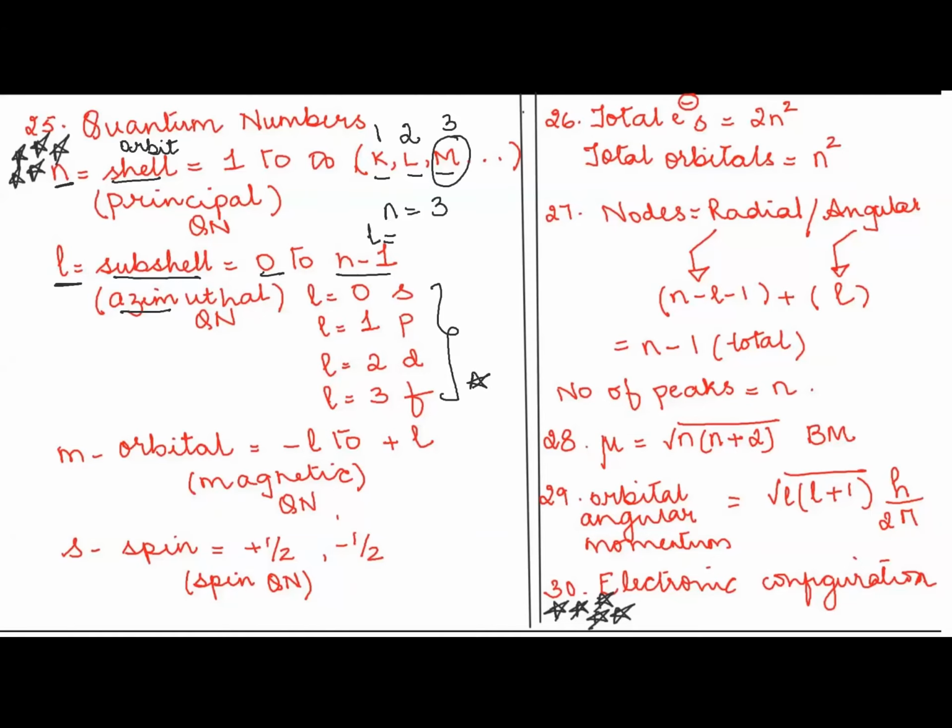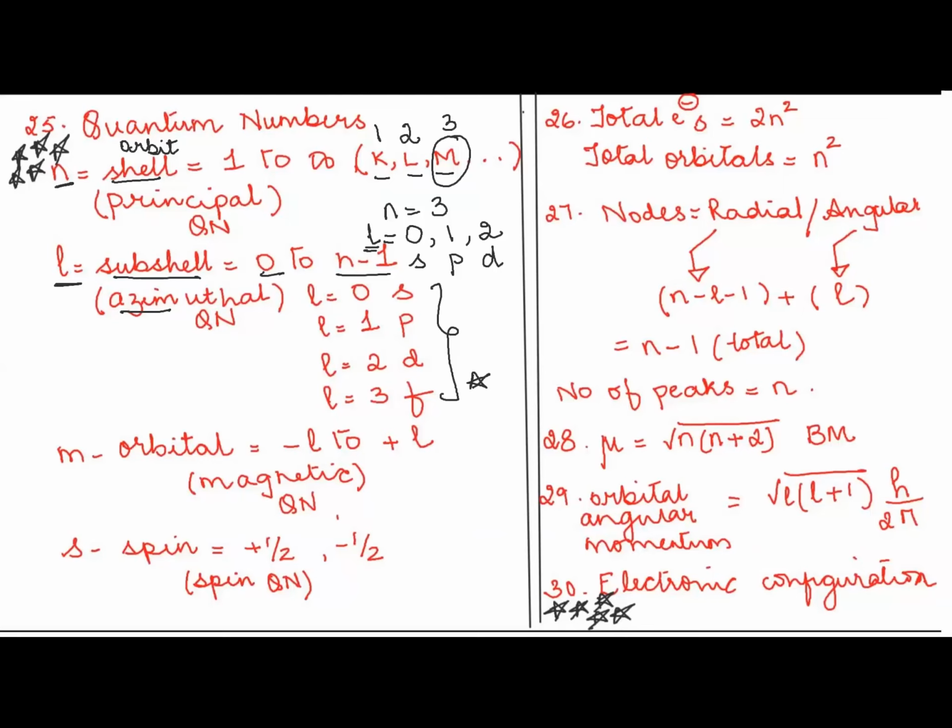We should write 0, 1 and 2 like this. So L can have all these values, meaning which all subshells can be there. It can be either S subshell, P subshell or D subshell. You're understanding? Meaning when we have third shell, we can write S subshell also, P subshell also, D subshell also.